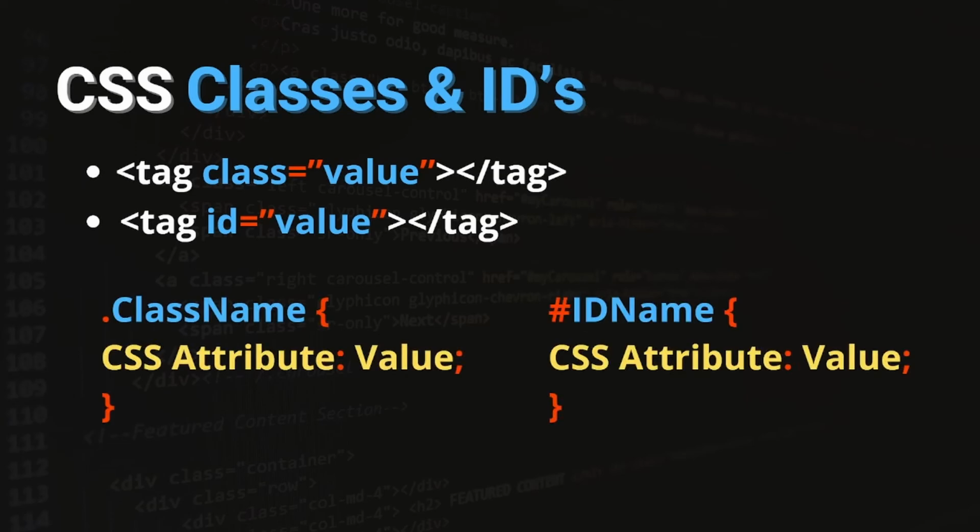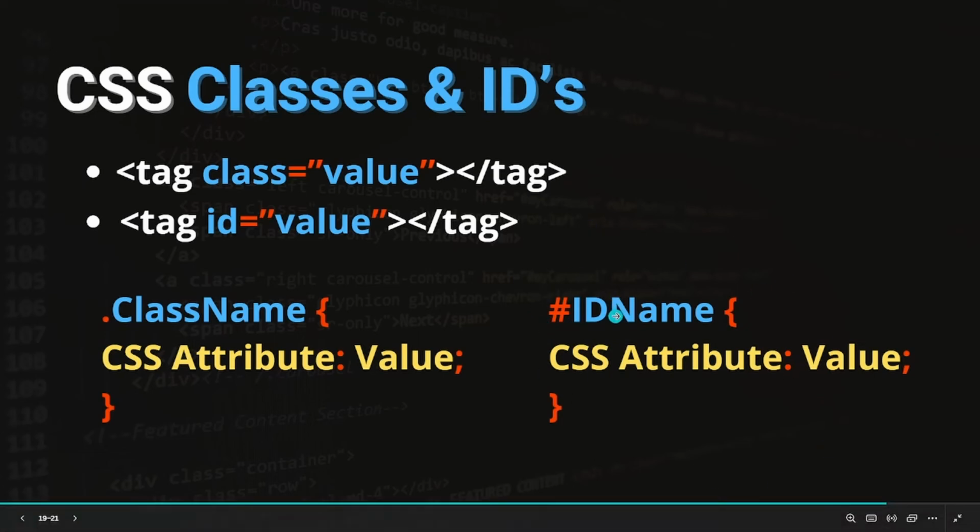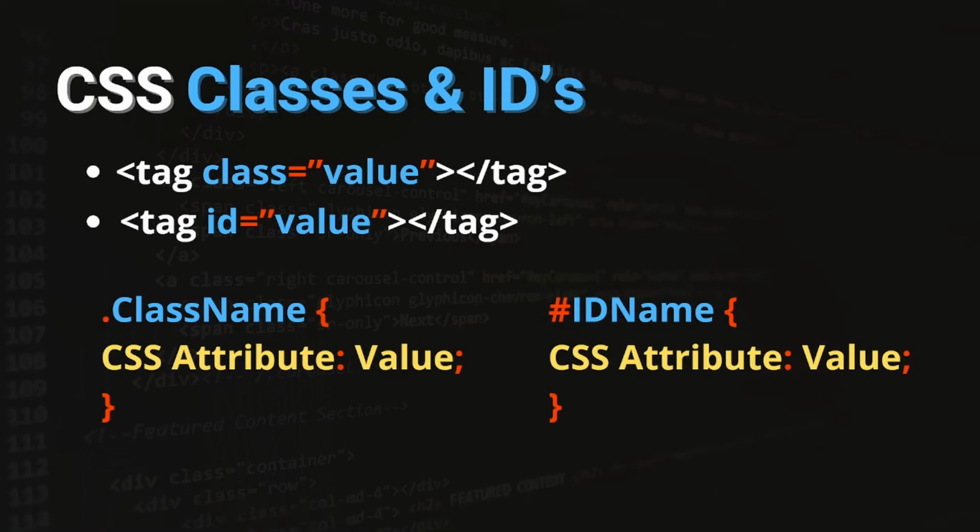And here are the selectors that you can style in CSS. So when you're coming with classes, keep in mind that there is a dot there, then the class name and the basic styling, the CSS attribute and the value. So there's a dot, pay attention to that. And then there is a hashtag whenever you're styling an ID. But if it's not making sense, we'll have a look at it in a minute.